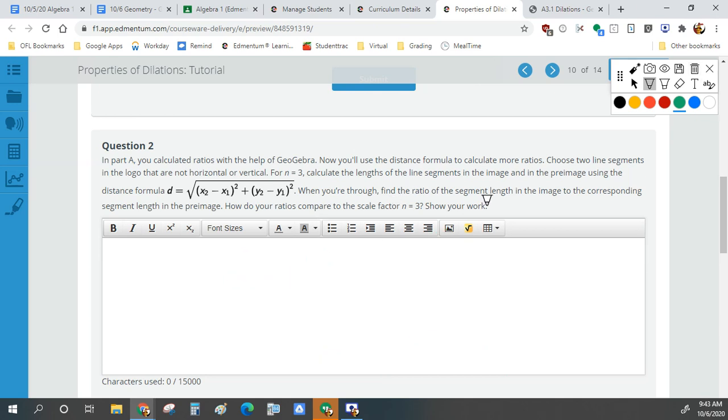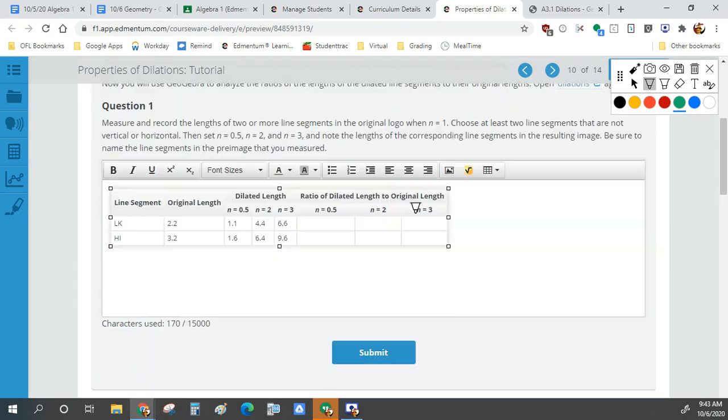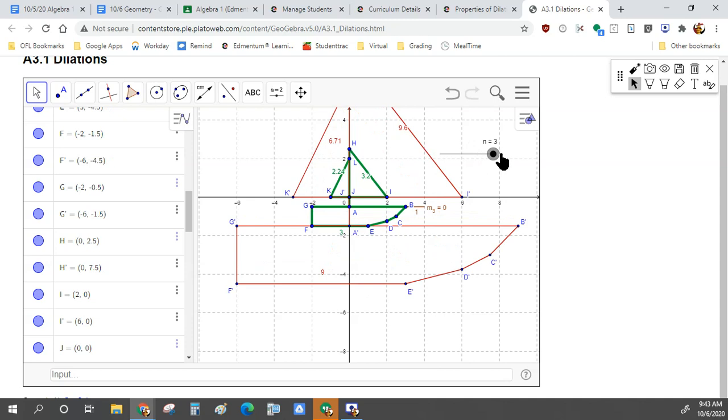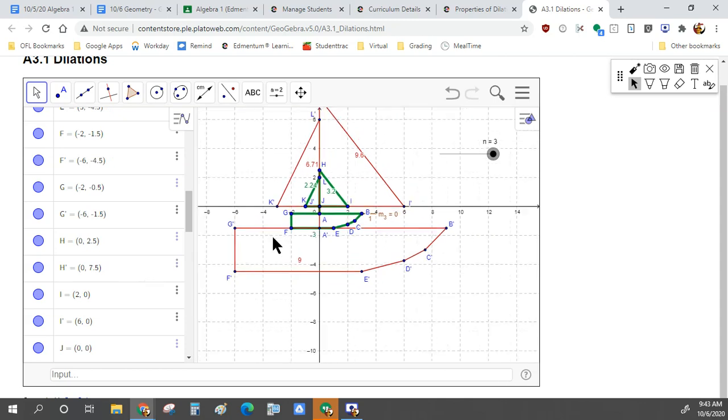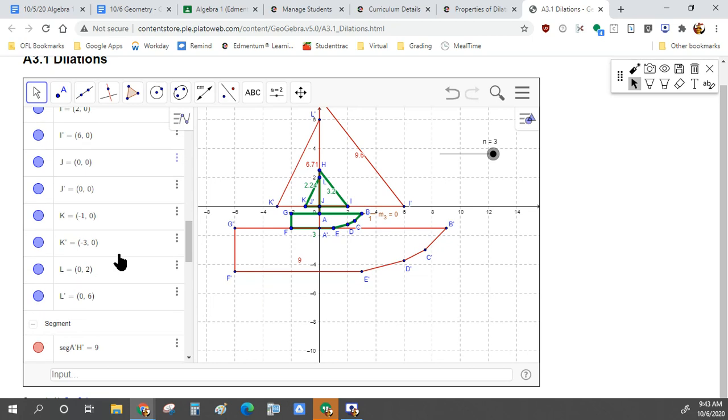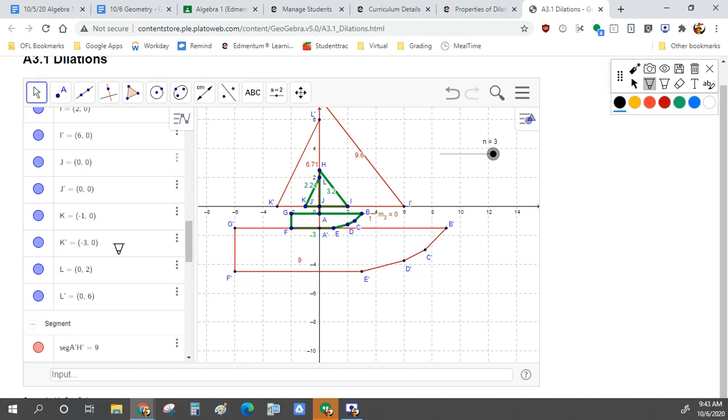So let's take a look here. Does this formula work? So we're just going to do LK, and we're going to do it at 3. Let me find my L and my K here. I'm not going to do the distance formula. I think it's dumb.